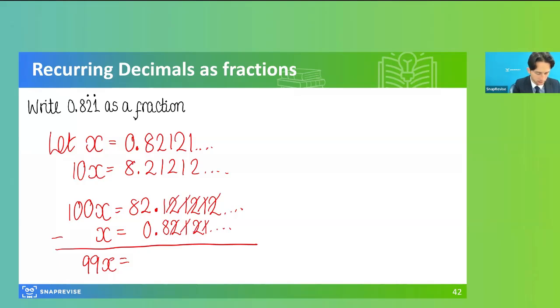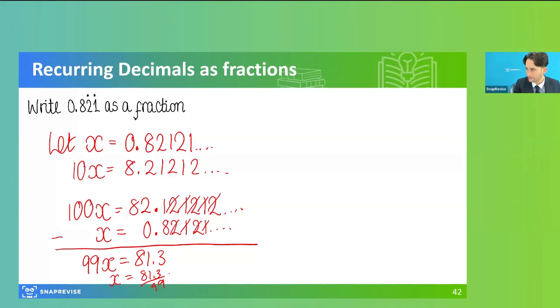So I'm literally just doing 82.1 minus 0.8, which is going to give you 81.3. But you could times both sides by 10 and get it as a whole number. But what we get is x is 81.3 over 99, which we don't want.